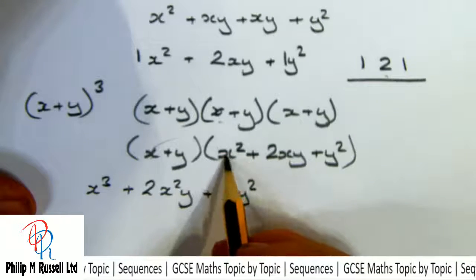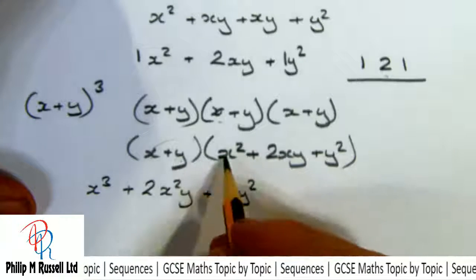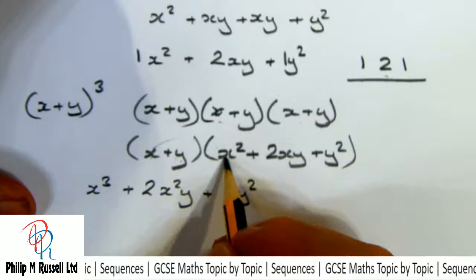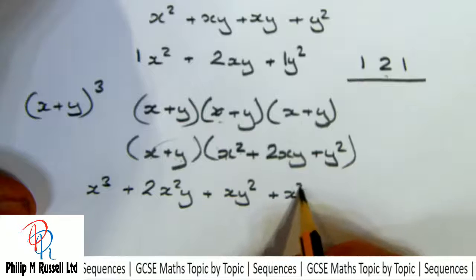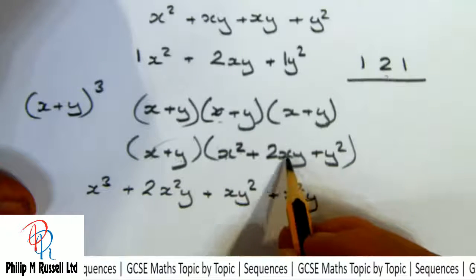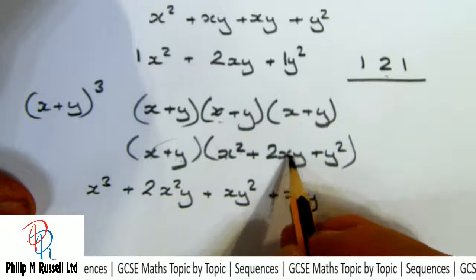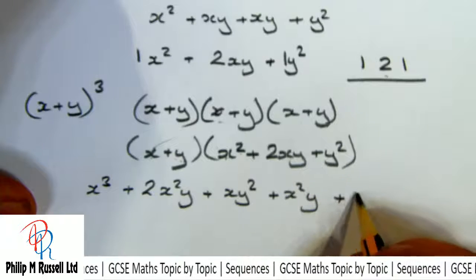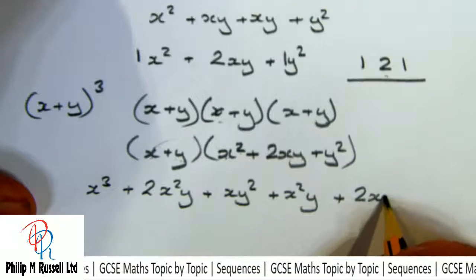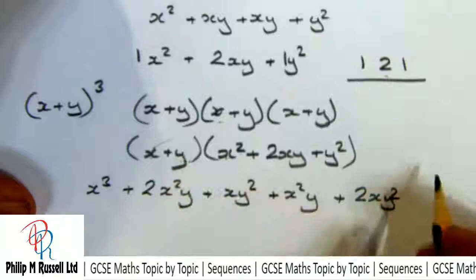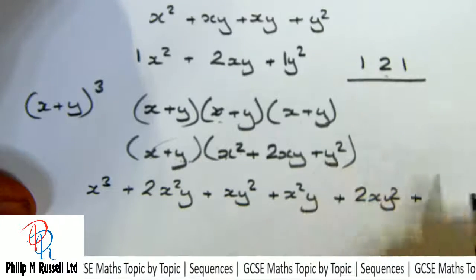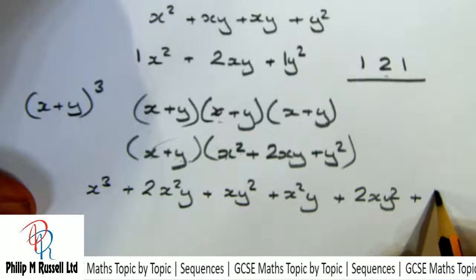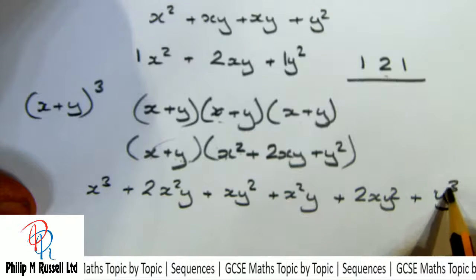Multiplied by y, this is going to give me x squared y. This is going to give me 2xy squared. And finally I'm going to get my y cubed.